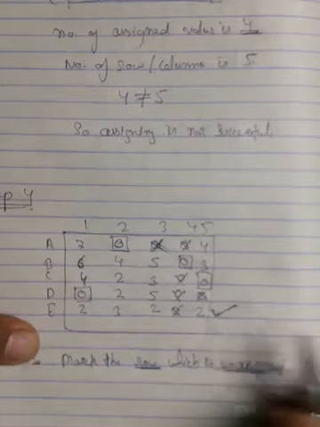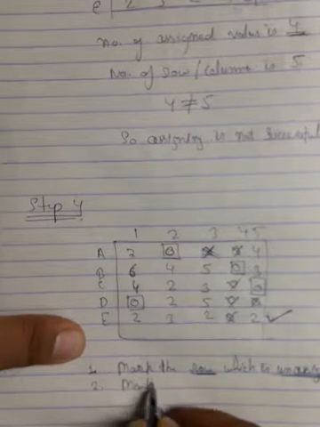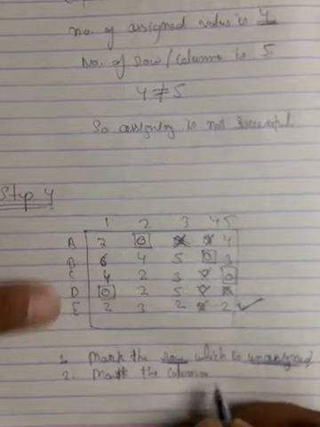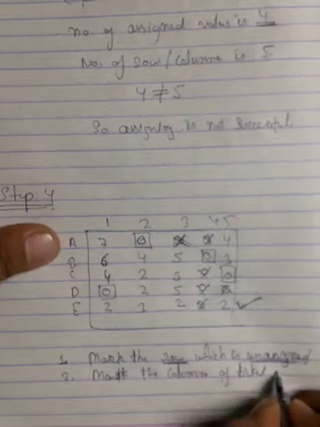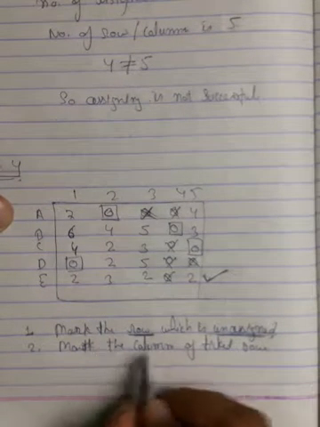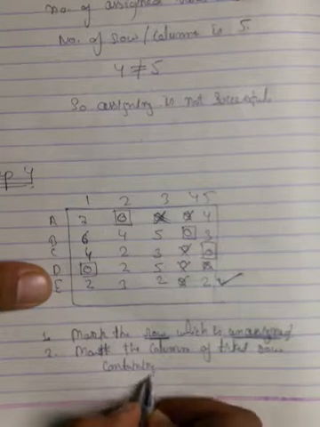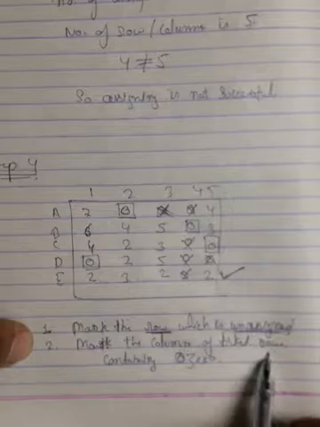So mark it outside. Now second, mark the column of the ticked row containing 0.